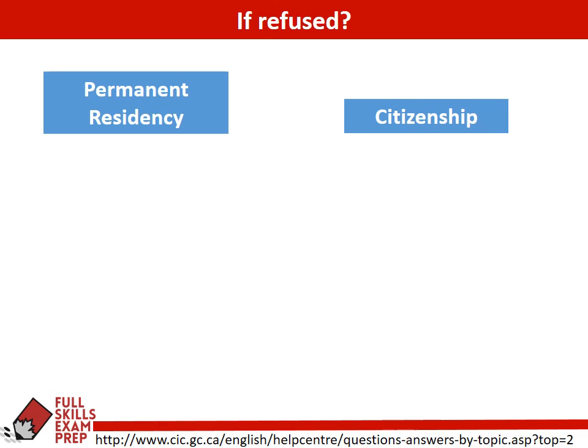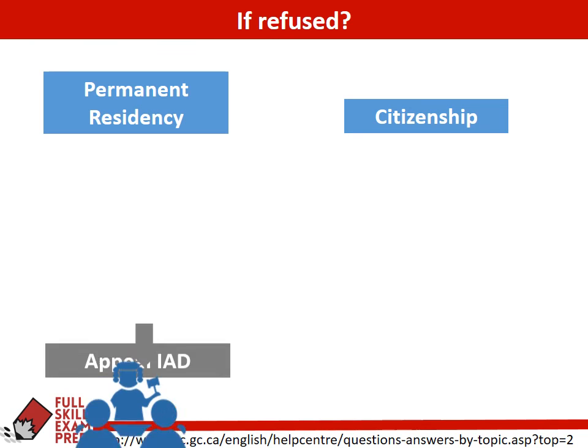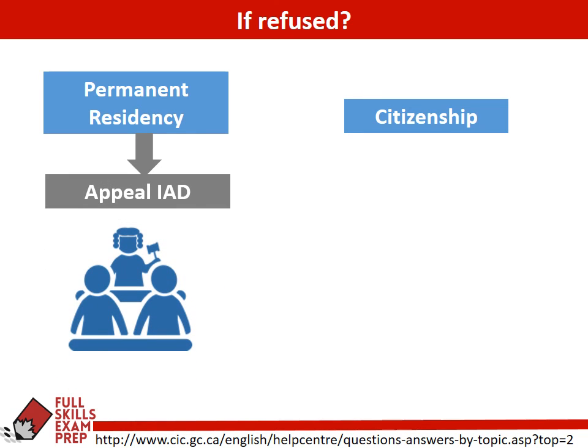And finally, just a note on refusal of permanent residence status or citizenship status for these adopted children. Now, if the parents apply for permanent residency for the adopted child and it's refused, they have the right to appeal that decision before the IAD.